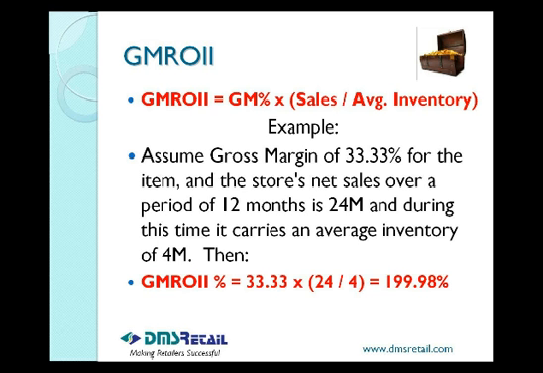If you're going to compare two suppliers, to see which is giving you better productivity, you just measure their GMROIs. You measure the gross margin you're making from that supplier, the sales you're making from that supplier, and the average inventory you have carried from that supplier, and put them in this formula. Then do the same for the second supplier, and whichever gives you a higher GMROI is the better supplier.